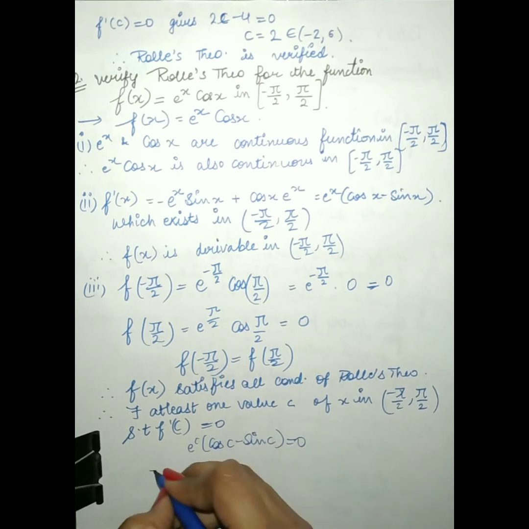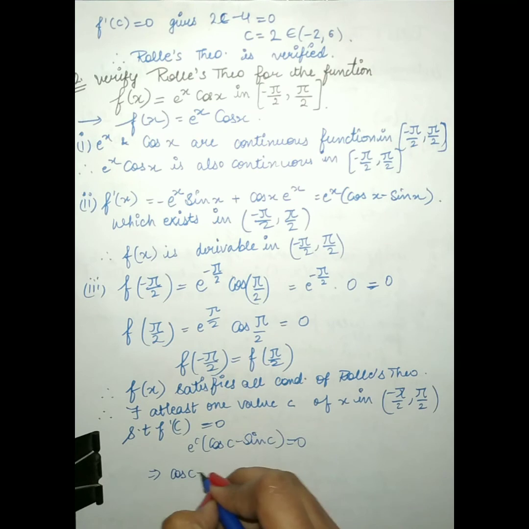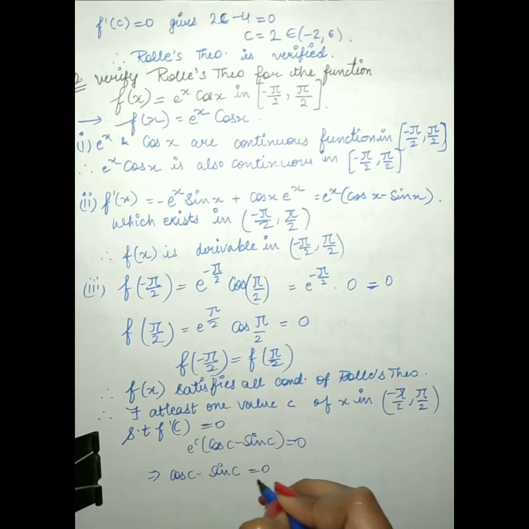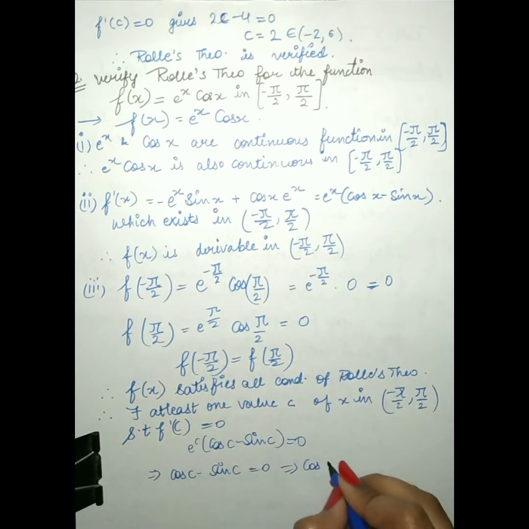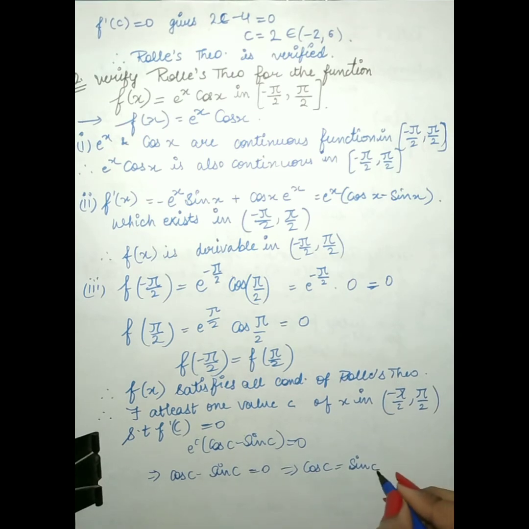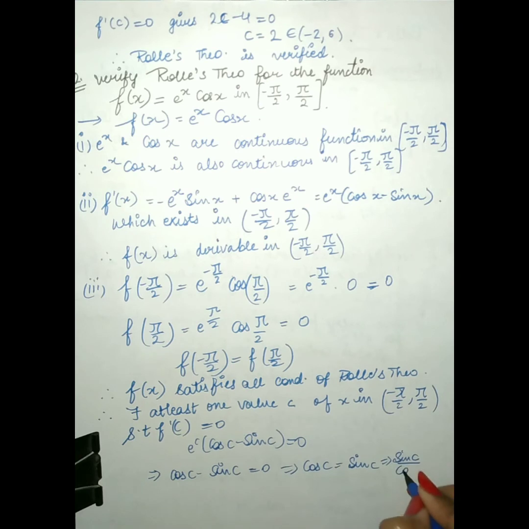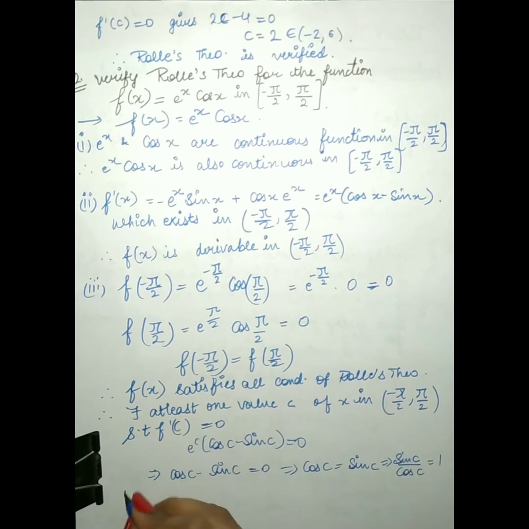That means cos c minus sin c equal to 0. So therefore cos c will be equal to sin c. That means sin c by cos c equal to 1, that means tan c equal to 1.